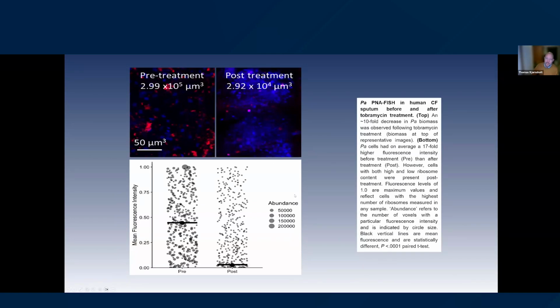We followed up on this together with Marvin, where we investigated CF sputum before, during, and after antibiotic treatment. Based on the amount of ribosomes in the bacteria as a proxy of growth, we can see that after treatment there are still a lot of bacteria present in the CF sputum, both single cells and biofilms, but they all have a much reduced amount of ribosomes.